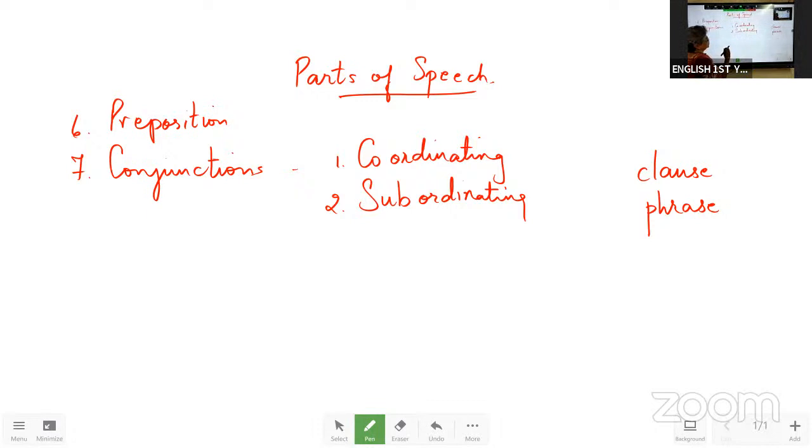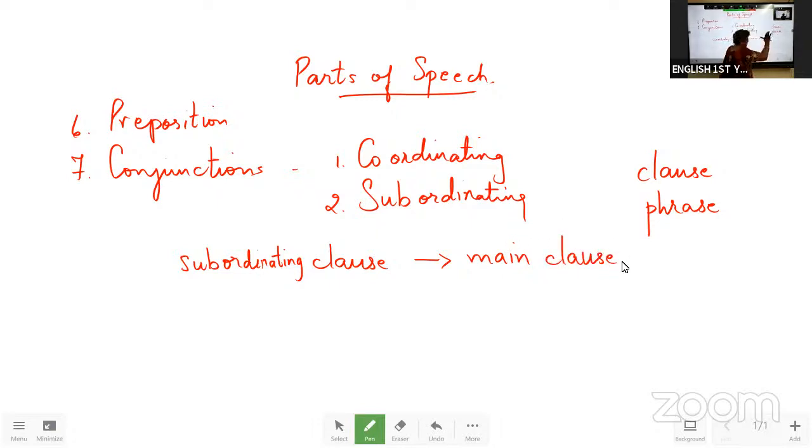Anyway, subordinate, which is not at par. A subordinating conjunction is used with a subordinate clause, if it is dependent on the main clause to make sense.